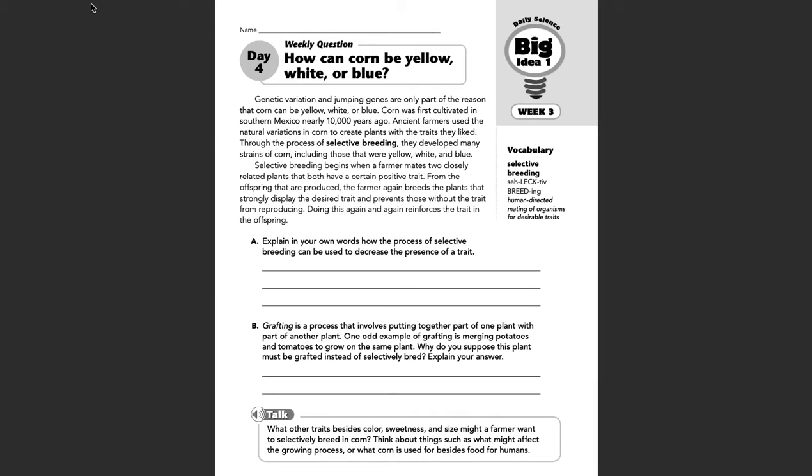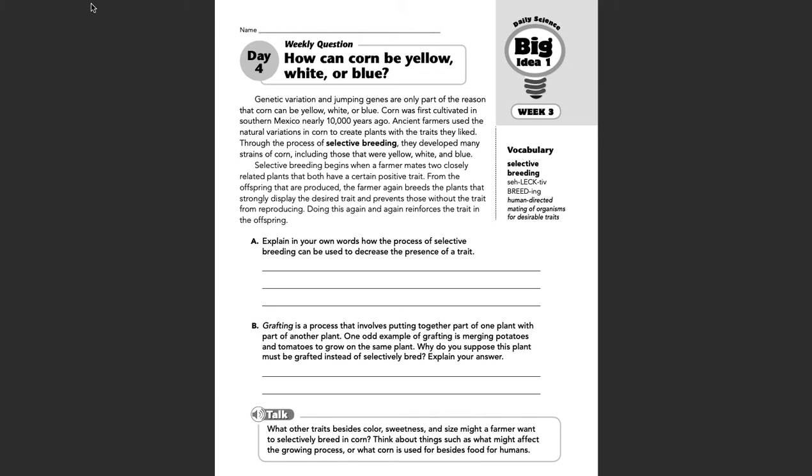Genetic variation and jumping genes are only part of the reason that corn can be yellow, white, or blue. Corn was first cultivated in southern Mexico nearly 10,000 years ago. Ancient farmers used the natural variations in corn to create plants with the traits they liked through the process of selective breeding. They developed many strains of corn, including those that were yellow, white, and blue.